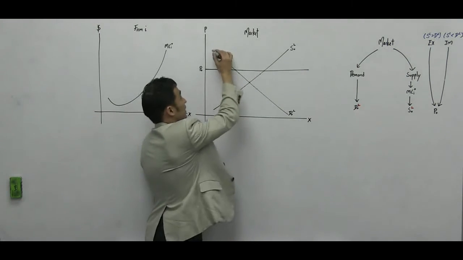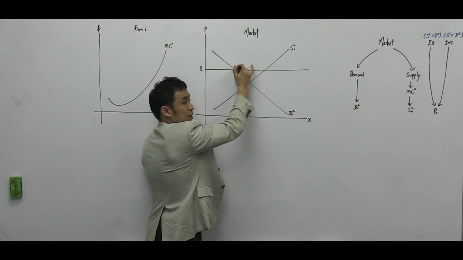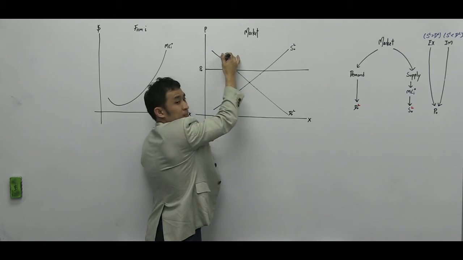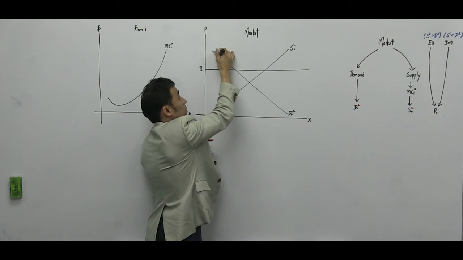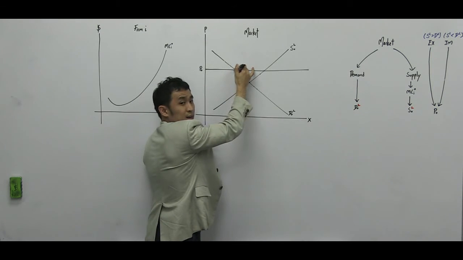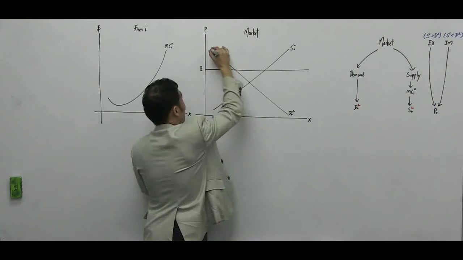Once your price hits this amount, you enter the world market, and the rest of the world will buy from you. Higher than this amount, you only have your own market to buy from. But once your price hits this amount, the rest of the people in the world will buy from you. So, look, this is your market demand curve.